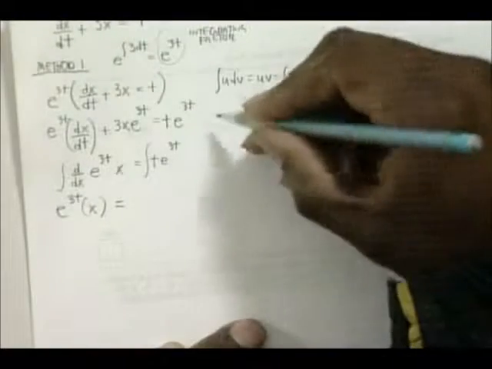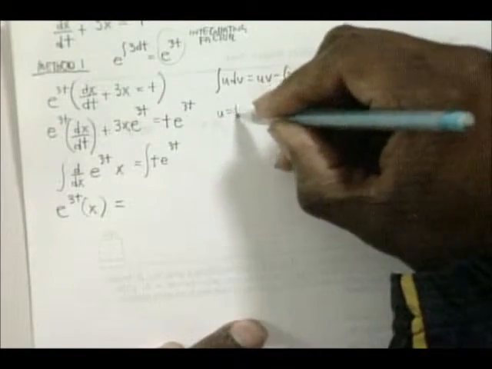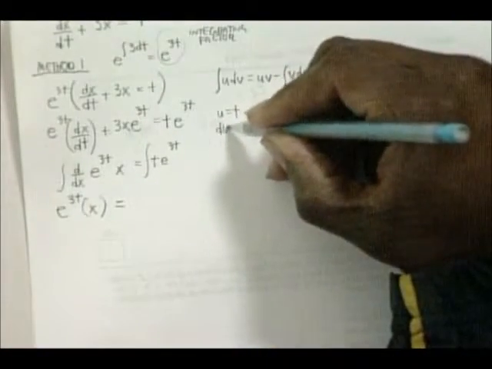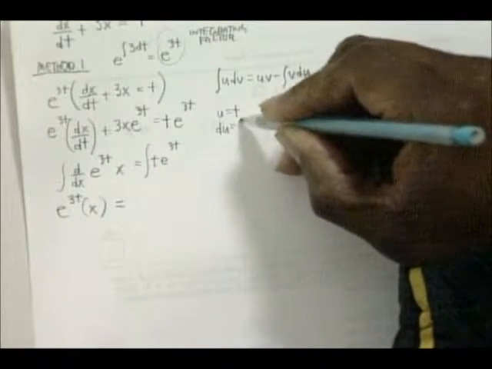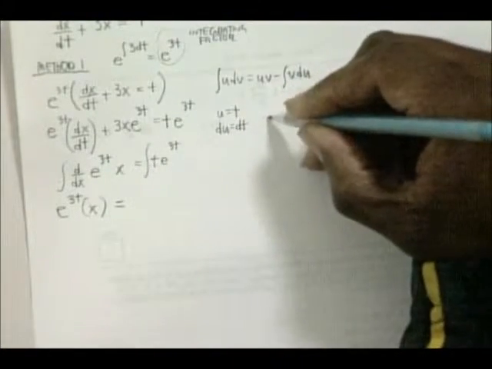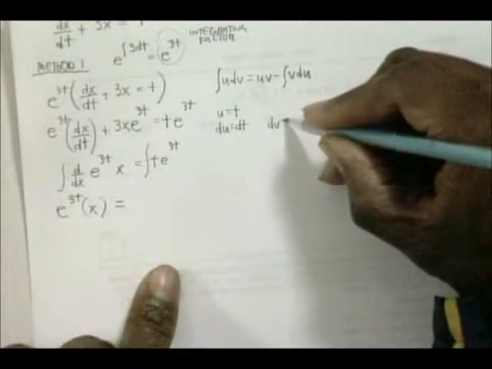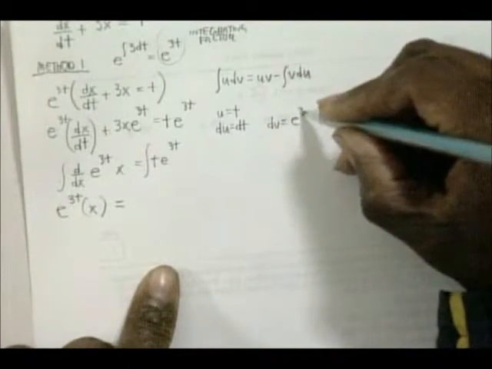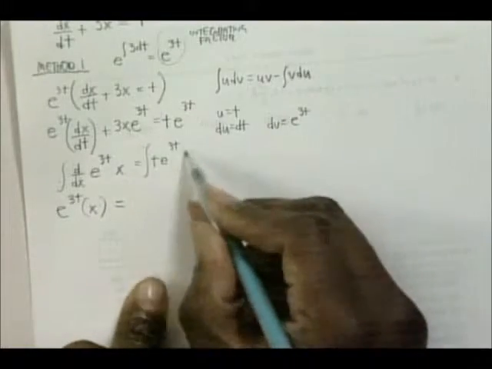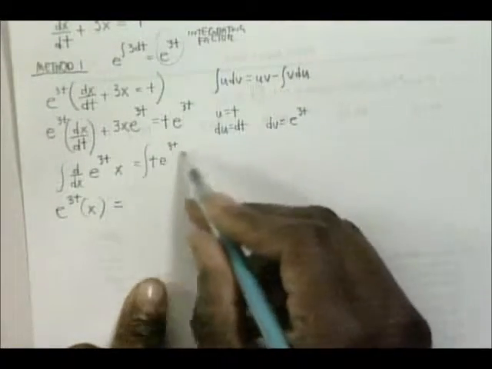So now let's make u equal to t, du is dt. dv, in our original problem, that's e to the 3t. What we're doing now is we're trying to find the antiderivative of that product.